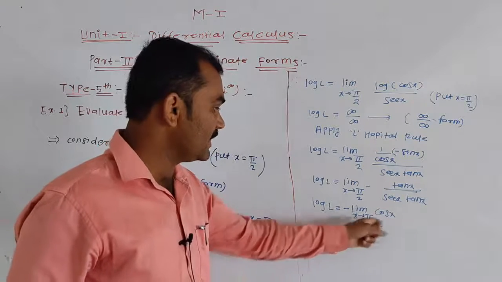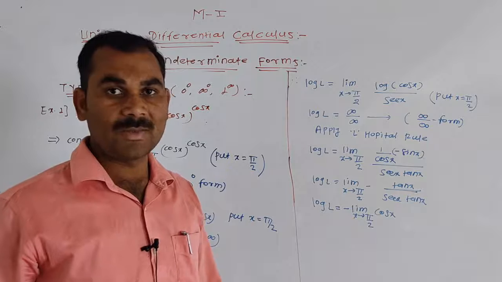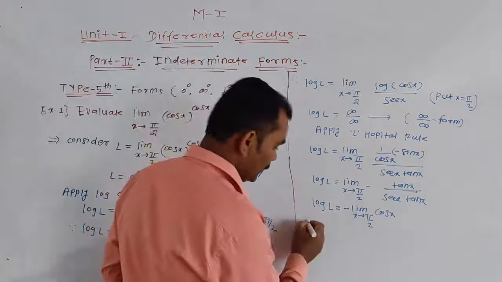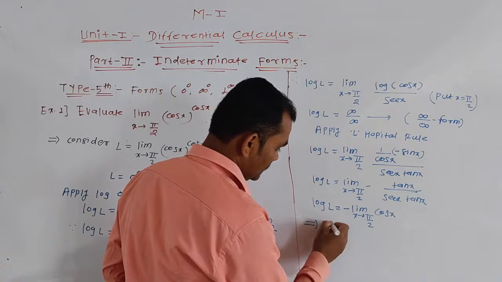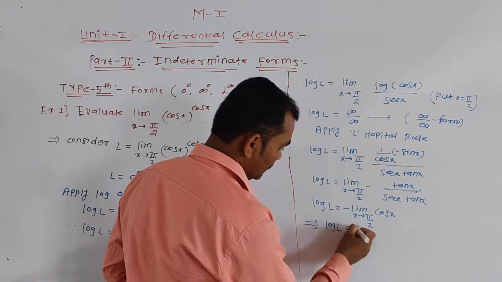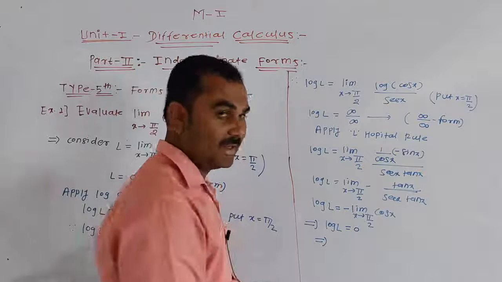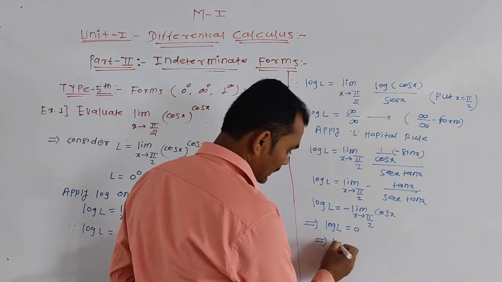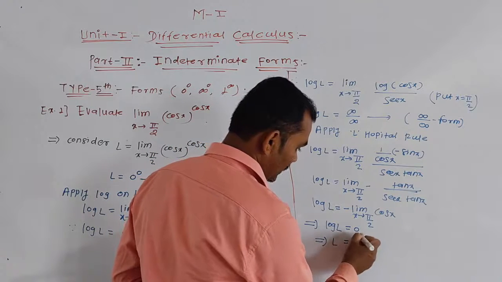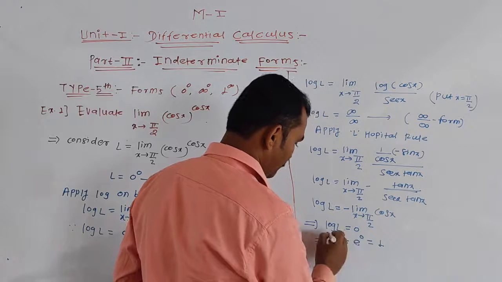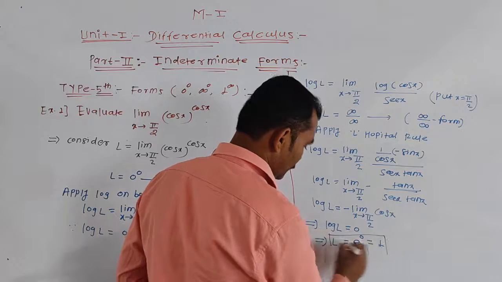Then replace x as pi by 2, we get cos of pi by 2, and cos pi by 2 is 0. This implies log of L is equal to 0, and applying e on both sides, we get L is equal to e raised to 0, which is 1. This is your answer.